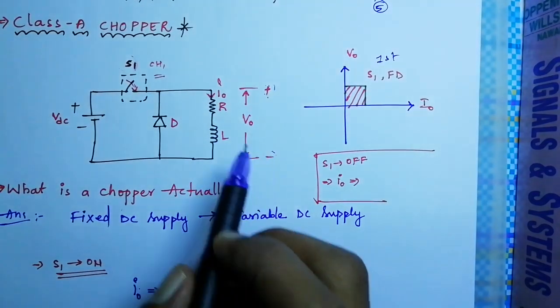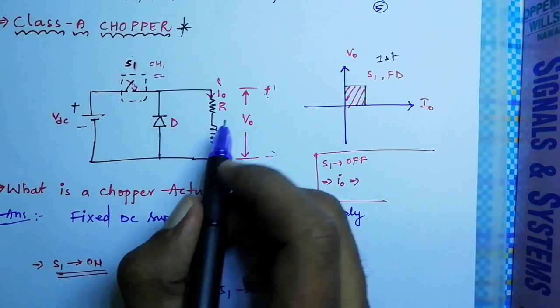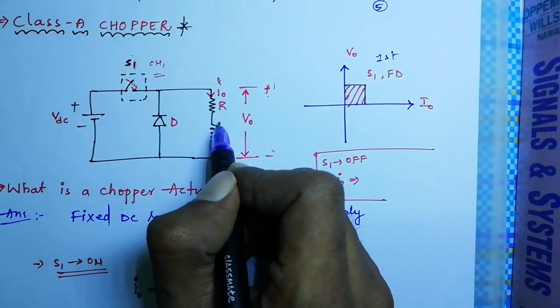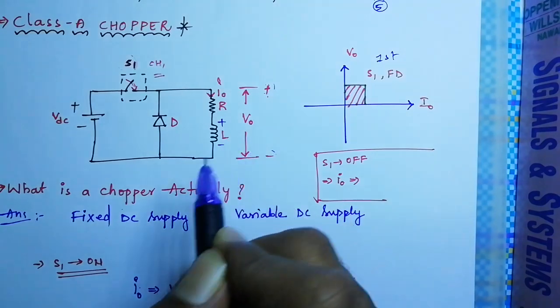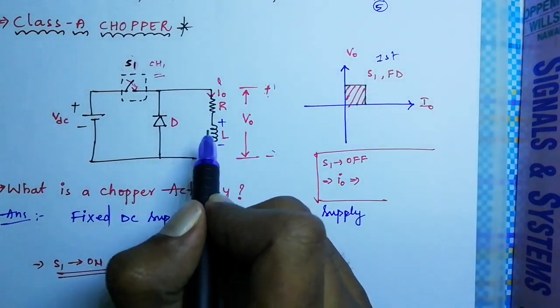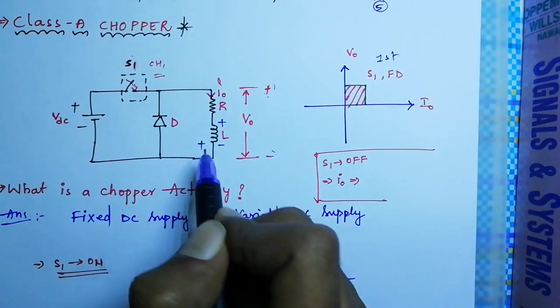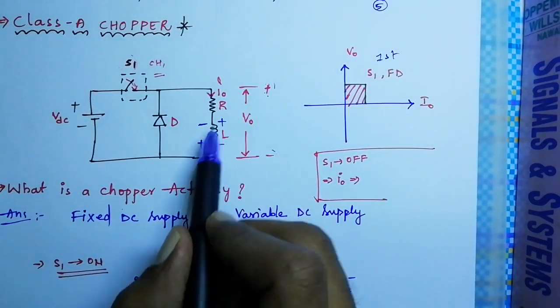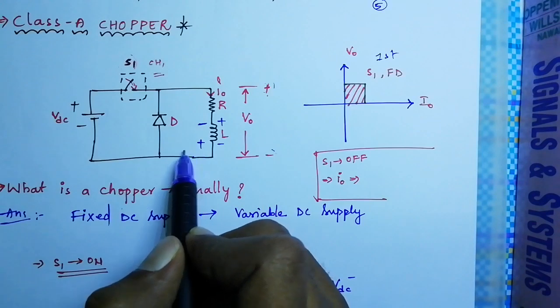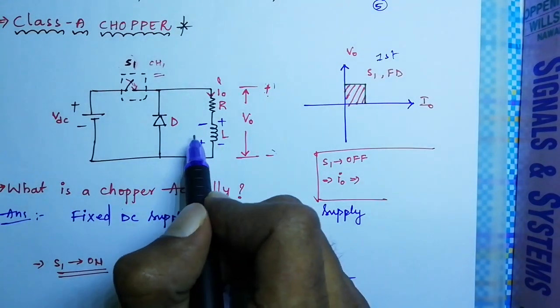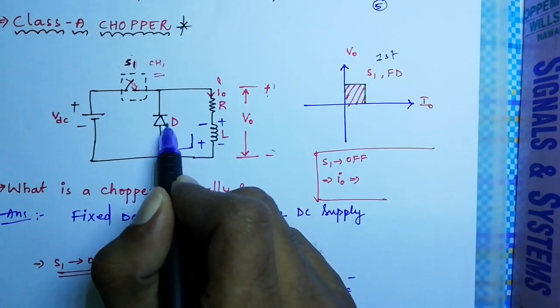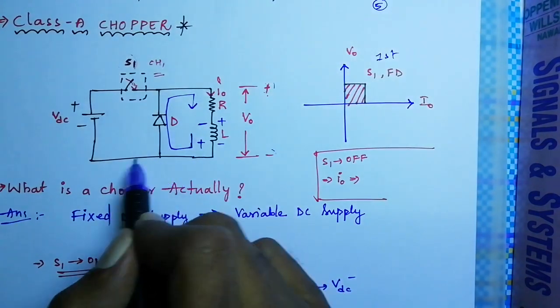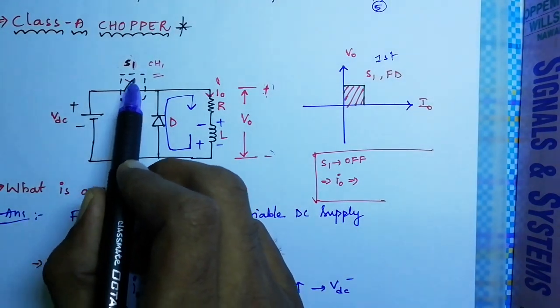What happens is, in the previous case, L has stored energy as current was coming in this direction. Here it will be plus and here it will be minus. While discharging, it reverses its polarity, so here it will be plus and here minus. In this way my discharging current will flow now, not through the source side, because here the switch is open.